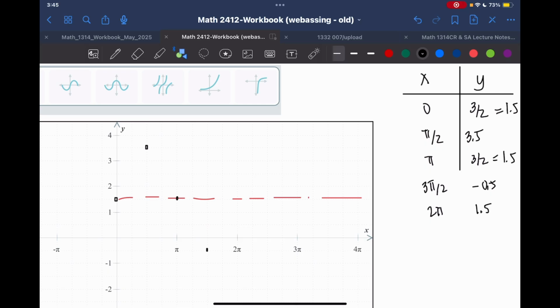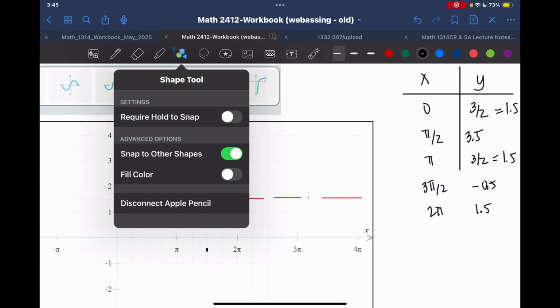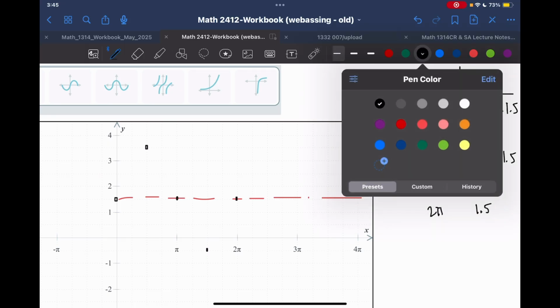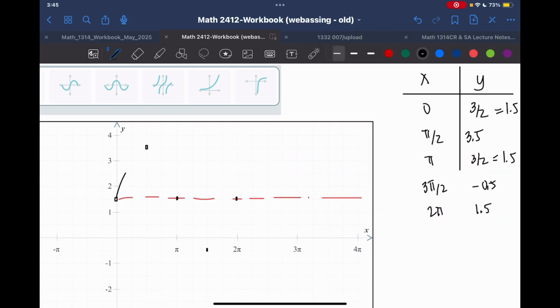And then 2 pi is at 1.5. So when we graph this, we're going to go like that. It's a curve. Again, this is just a sketch. And it's going to continue on.